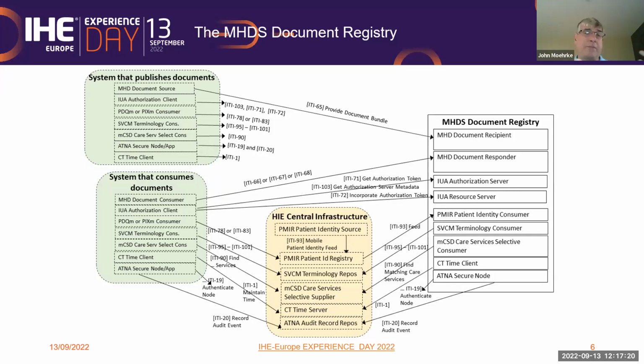Systems that consume documents, similar group, except it's the document consumer actor instead of the document source actor. The HIE central infrastructure, we kind of say, okay, you're in green fields, you need patient identity management, you need value sets, you need a directory, time client, ATNA, repository.